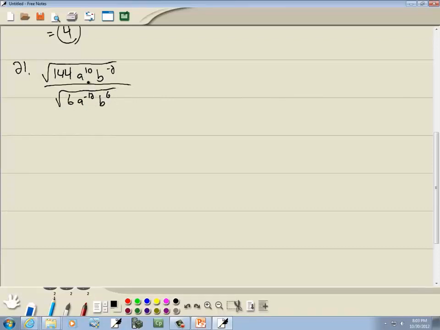Now I notice that this has a, this has a, this has b, this has b. These look like maybe they would simplify a little bit. I'm not sure how much. So it looks like it'd benefit us to put it into a single radical. So put a square root, and I put the fraction together.